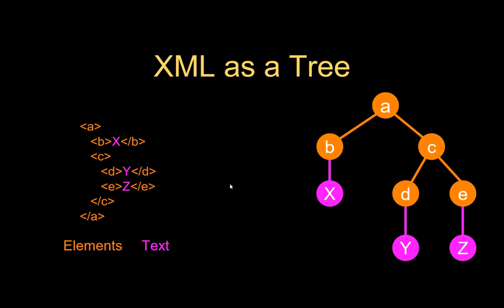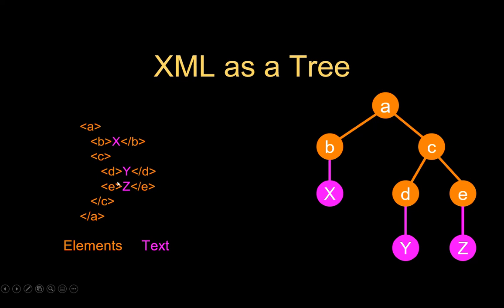So here we have our root tree, which is our first tag, which is A. Then we have two child branches, if you will. The first one is B, which has the text or element of X. So B would lead to X.